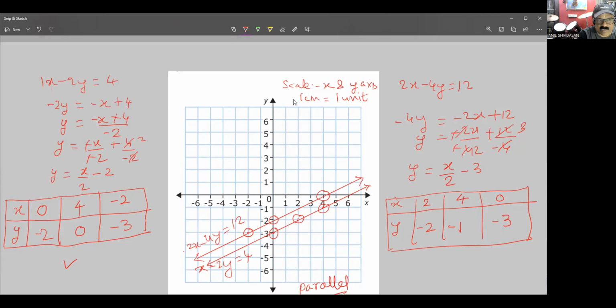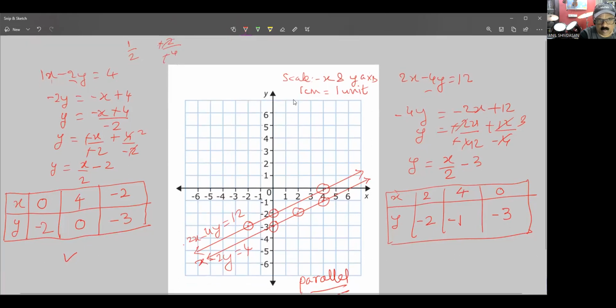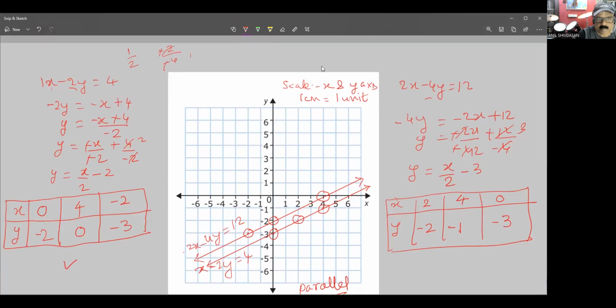So this is minus 2 and minus 4. So the ratio of the coefficients is 1 upon 2 and minus 2 upon minus 4, which is nothing but 1 upon 2. So the ratio of the coefficients of x and y is the same.